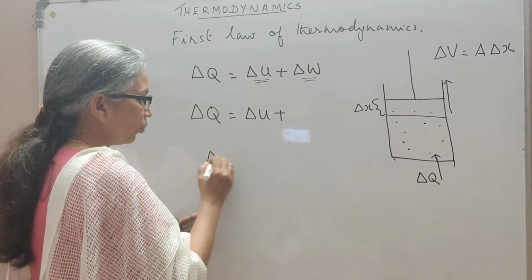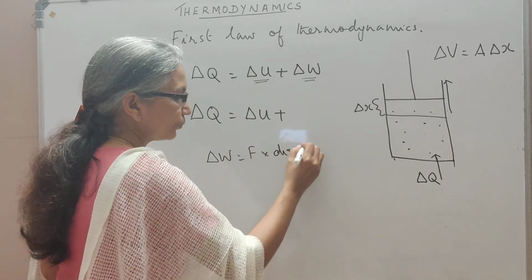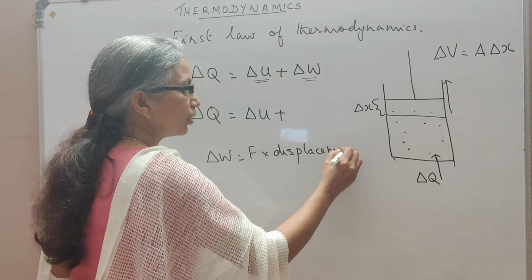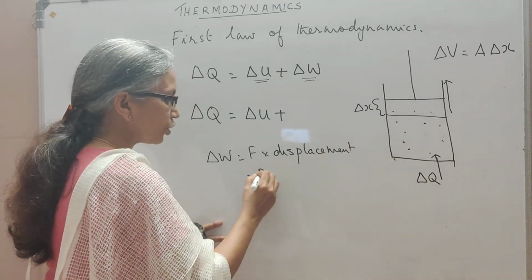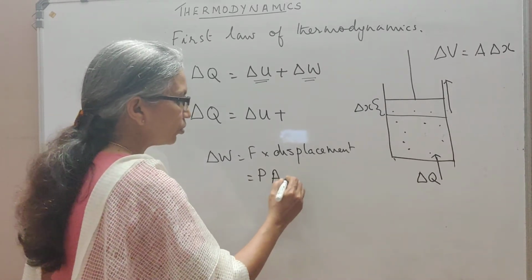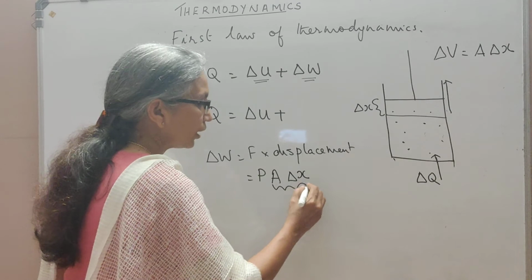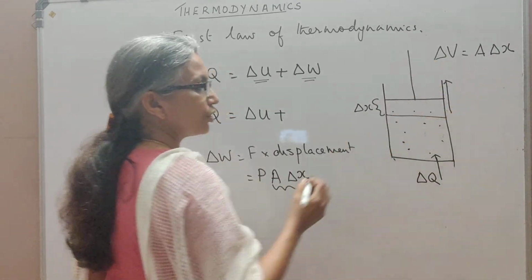Work done we know is force into displacement. Now force is pressure into area, because pressure is force by area, and the displacement here is delta X. This A delta X is what we call the change in volume.